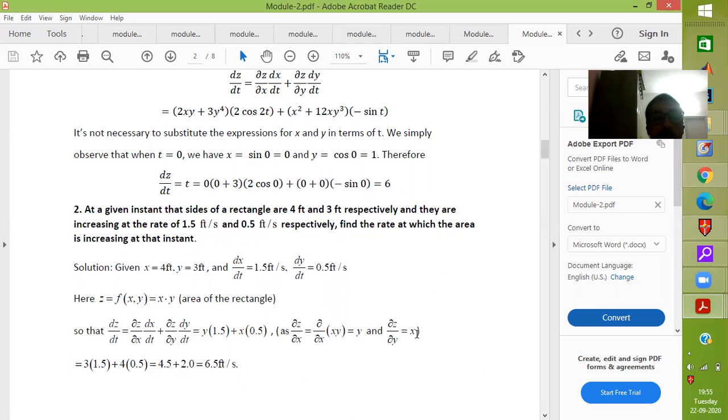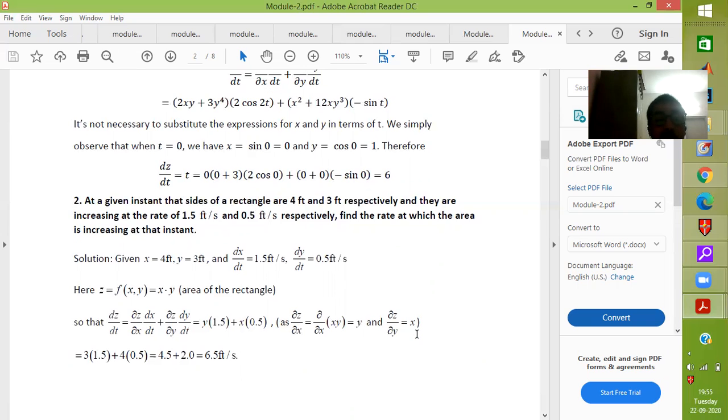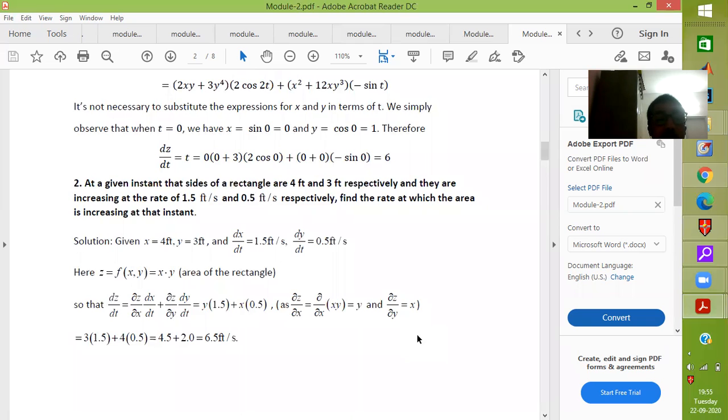So you start with the area formula for a rectangle. You call it z. Z is equal to x into y, and then you can have dz by dt as dou z by dou x into dx by dt plus dou z by dou y into dy by dt, where dx by dt and dy by dt are the rates of changes of the length and width of the rectangle, which are already provided as 1.5 and 0.5.